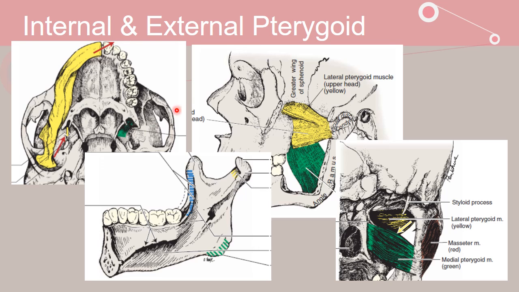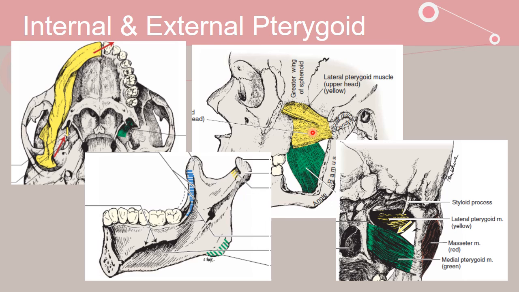The smaller superior head here is attached to the infratemporal surface of the greater wing of the sphenoid, while the larger inferior head is attached to the adjacent lateral surface of the lateral pterygoid plate on the sphenoid bone.